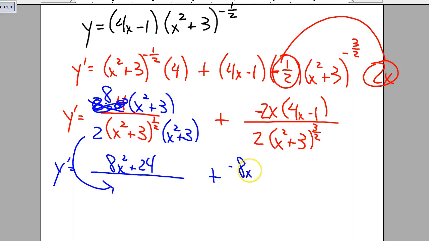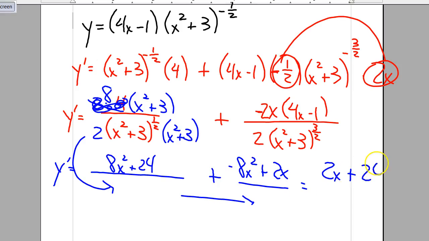This is actually negative 8x squared plus 2x over the same stuff. And so I end up with 2x plus 24 over all that stuff.